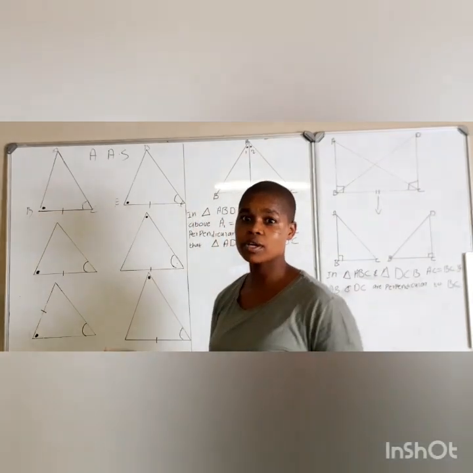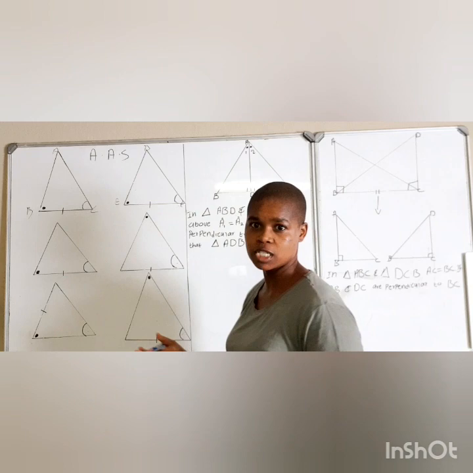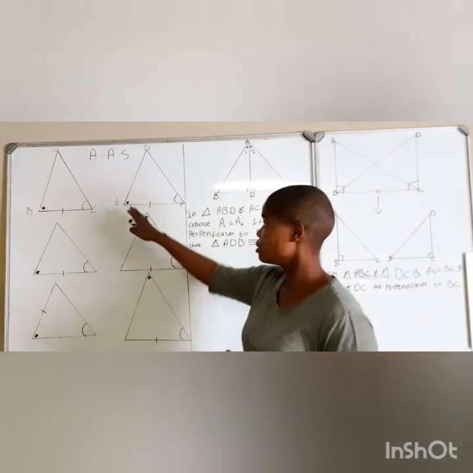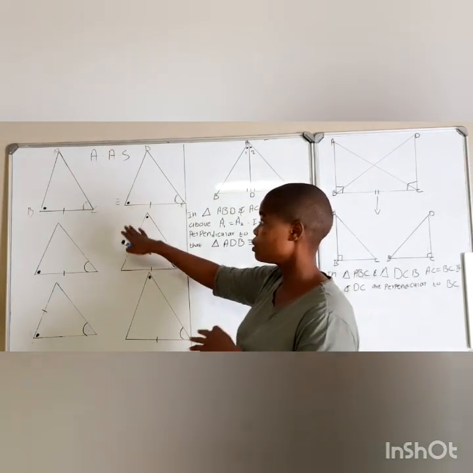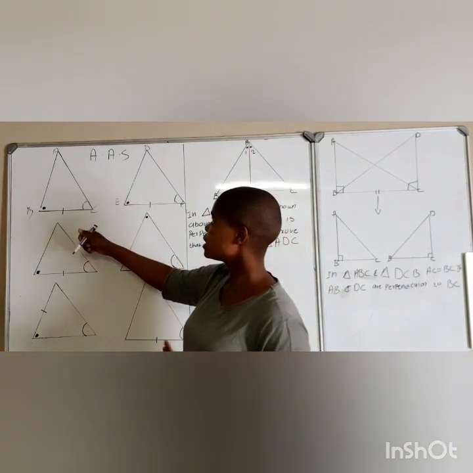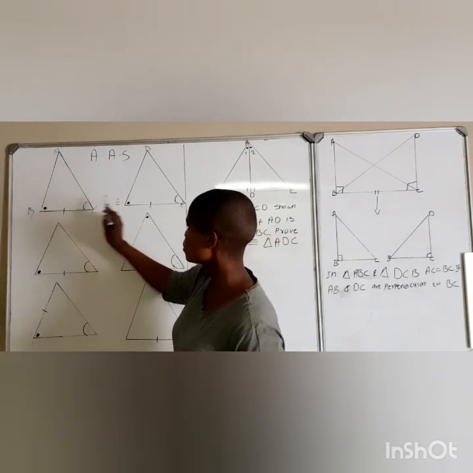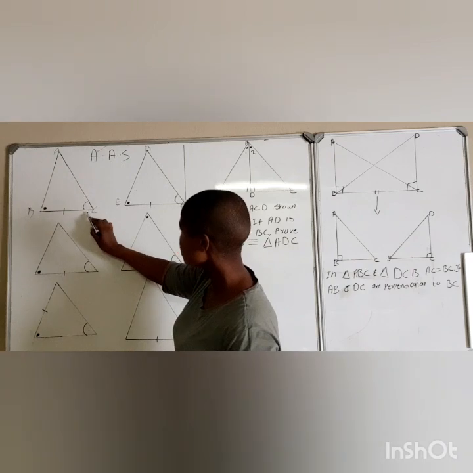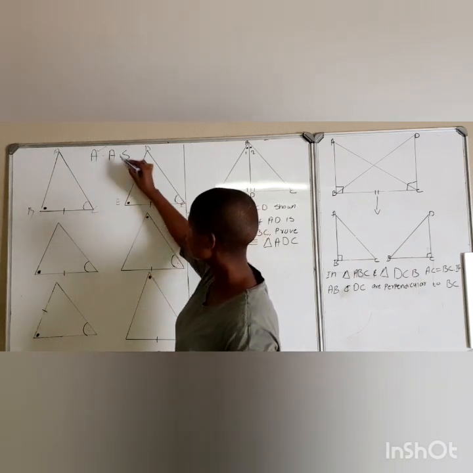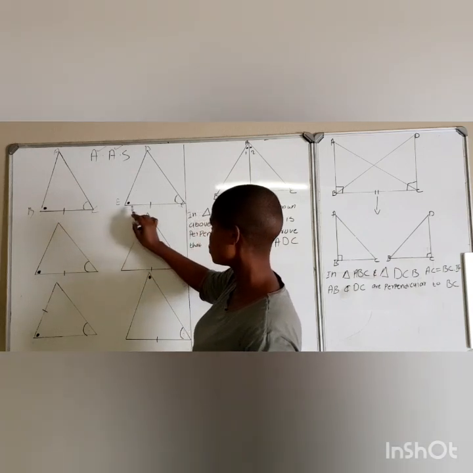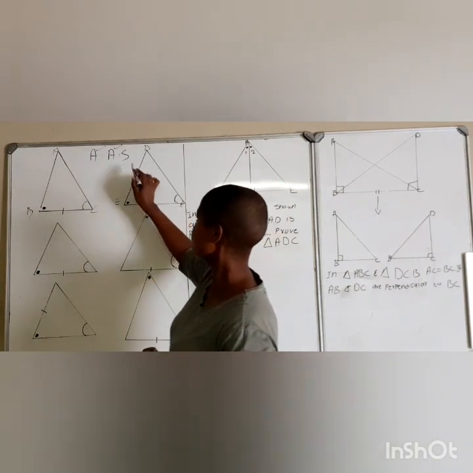Not all the time will you be given this information. Sometimes you just have to apply your geometrical knowledge. But in this particular case, we are given that information. An angle is equal to an angle, that satisfies this fact. Another angle is equal to another angle, satisfied, and side BC is equal to side EF.